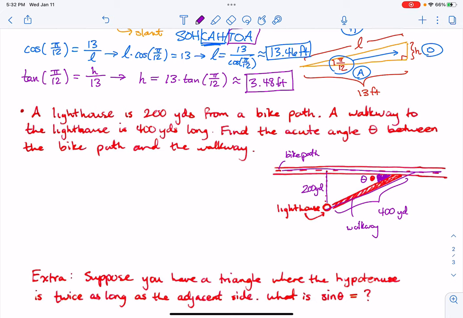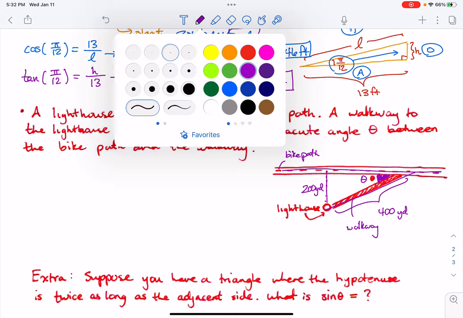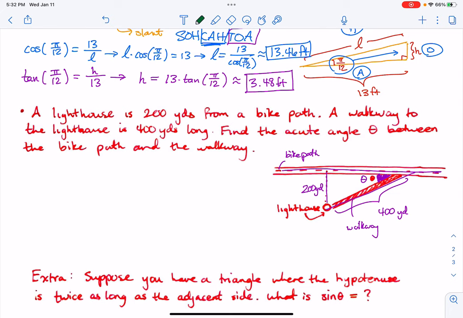Okay, well, let's first figure out what they've given us, right? So there's my angle. I know that this is a 90-degree angle because it's the shortest distance to the path, right? So that purple line is going to make 90-degree angles. You can prove that to yourself if you think back to geometry stuff.